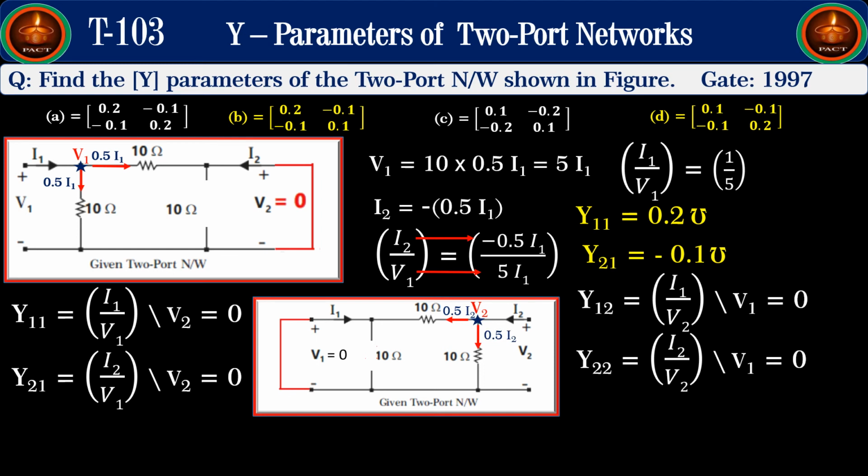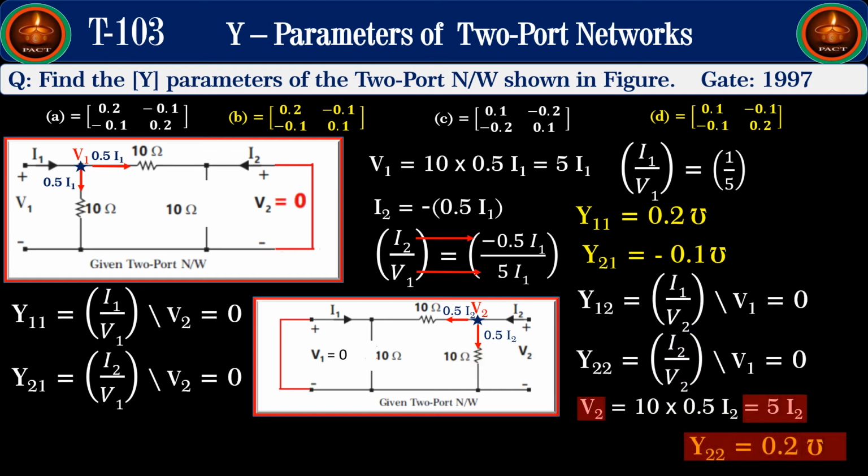Again the same because the two resistances are 10 ohm each. Now we know that V2 is equal to 10 times 0.5 I2, and by solving we get y22 is equal to 0.2 mho.